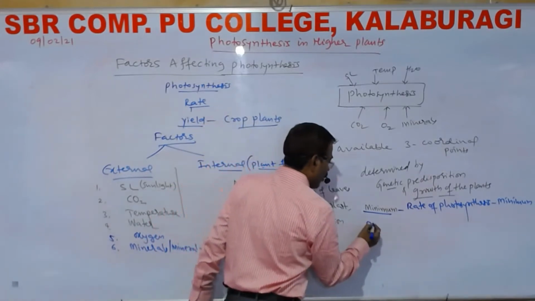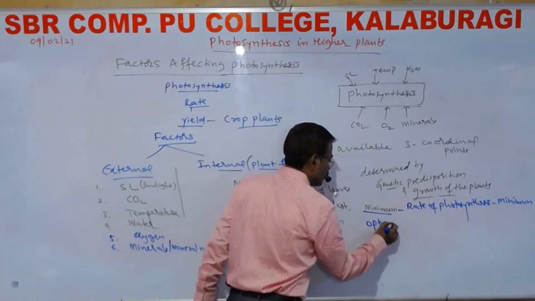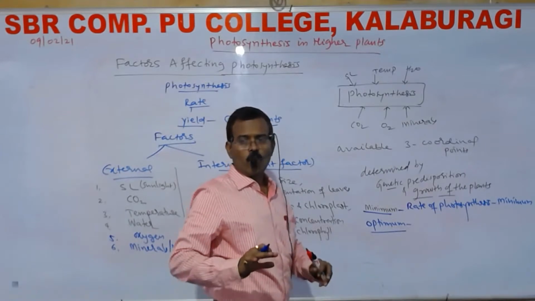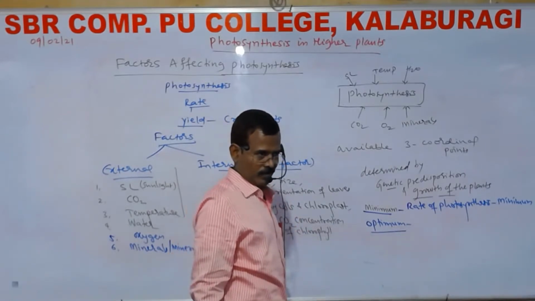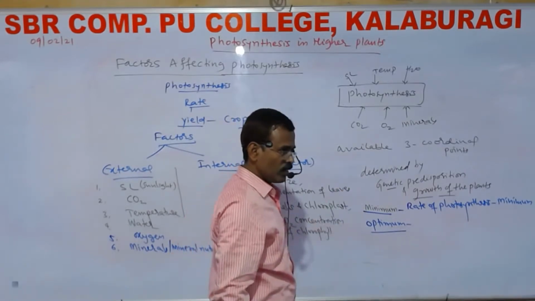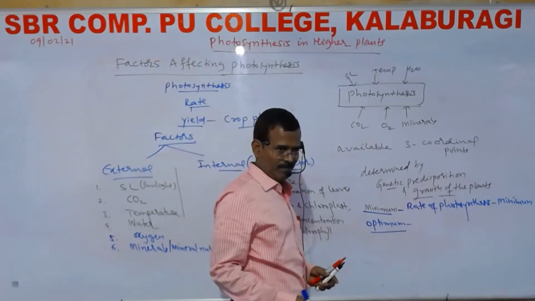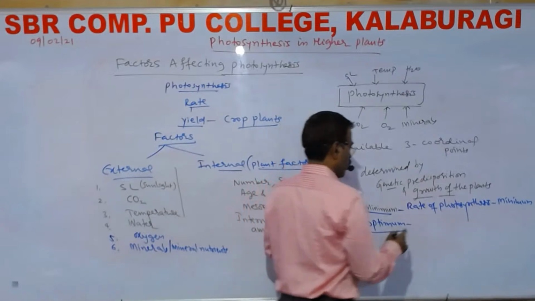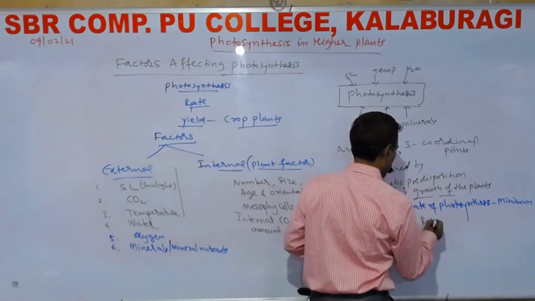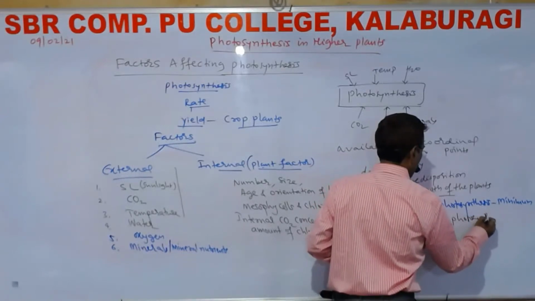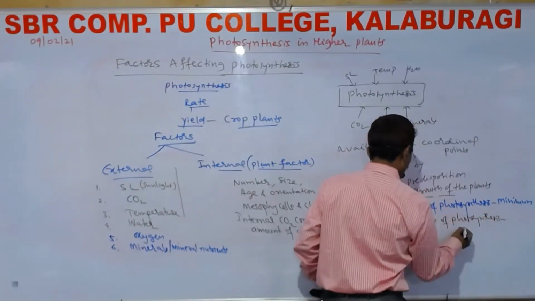When these are available in optimum, normal required concentration, then the rate of photosynthesis will be optimal.